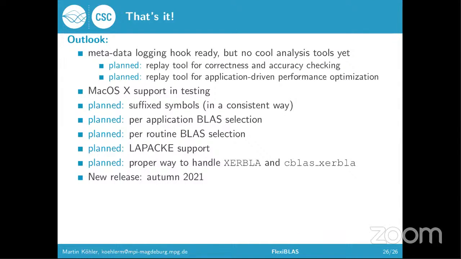Then as output of this application-driven performance optimization stuff, we plan to do a per routine BLAS selection. So when we see what the user is doing, which routines they execute, we try to check for which routine and which problem dimensions, which BLAS library is the fastest on average.